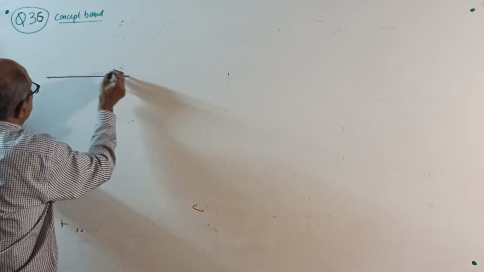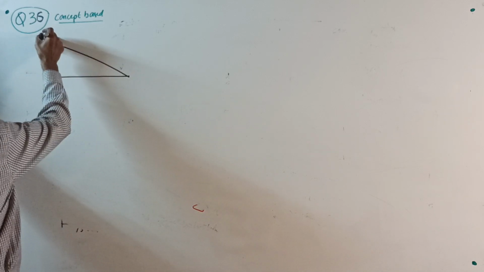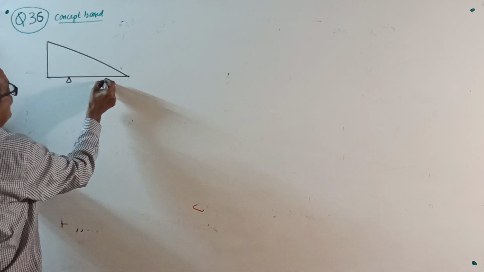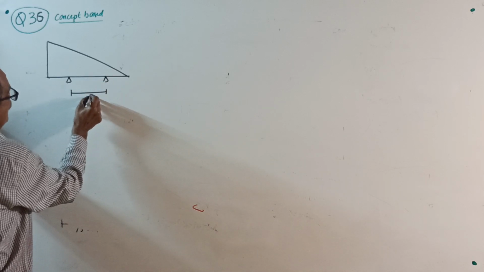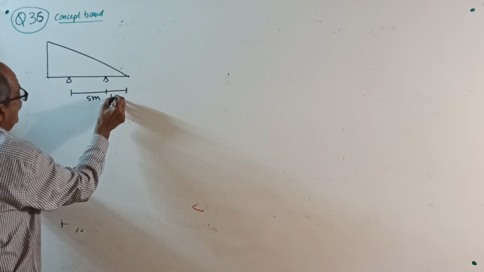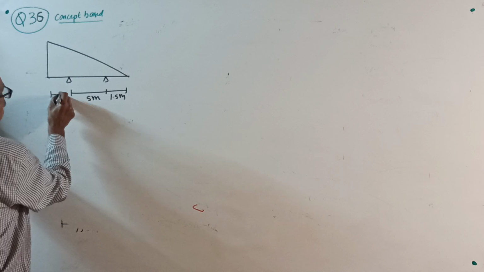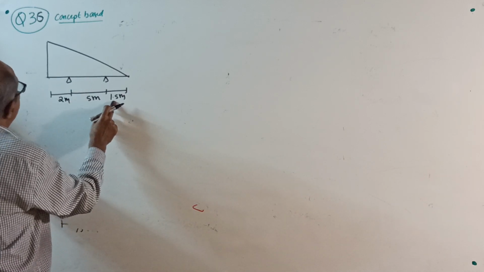For the beam shown in the figure, find the vertical reactions at the supports. This way. See, this is one support here, one support here. This is 5 meter, this is 1.5 meter, this is 2 meter. 5, 2, 7, 8.5.